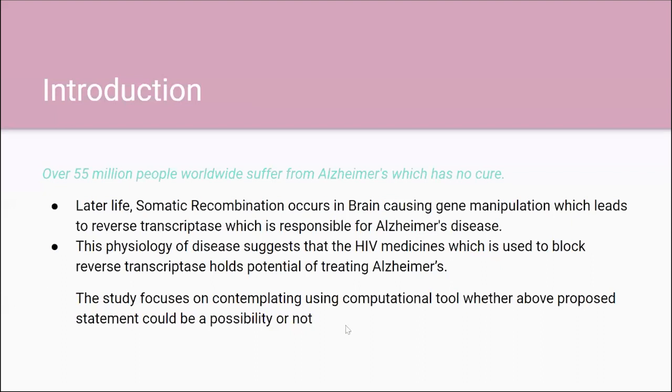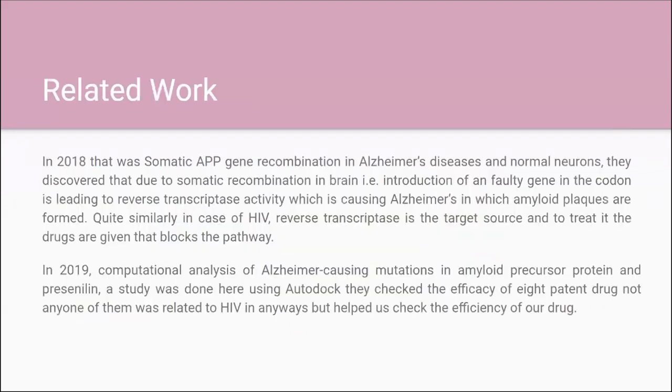This study focuses on contemplating, using computational tools, whether the above proposed statement could be a possibility or not. Related work: in 2018, as I mentioned, a paper was published named Somatic APP Gene Recombination in Alzheimer's Disease and Normal Neurons, where they did a study in a mouse line and found that somatic recombination is occurring, which further leads to Alzheimer's.